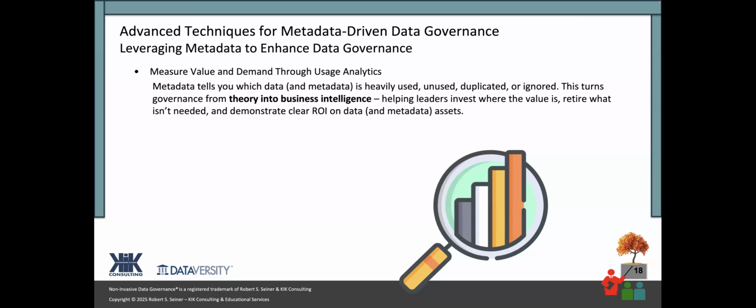And then the last one of those five is to use the metadata that you're collecting, even the usage statistics that you can get out of some of the tools in your environment. What data are people querying? When are they querying it? How much are they querying it? How are they using it?